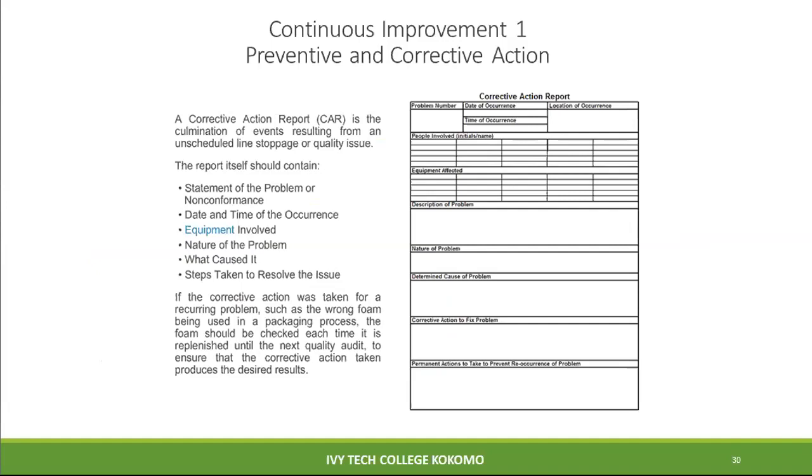And that's basically a sheet that says, here's what the problem was, here's what we saw happening, this is when it happened, here's the equipment, what was going on, and what we did to fix it. Okay, and this is something that you have to fill out after you do a corrective action, because it helps other people determine what maybe in the future they need to look at if it's the same machine.